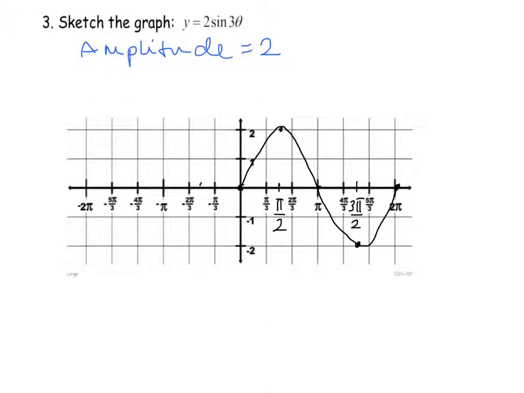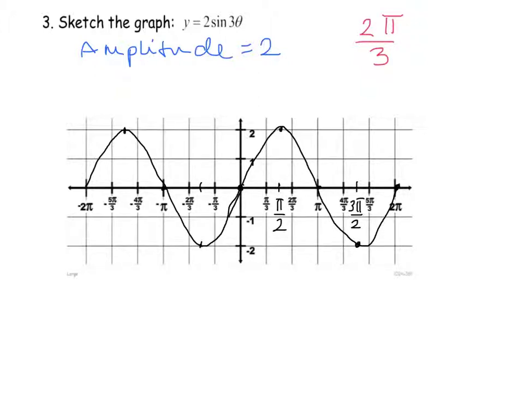So now I'm going to continue to the left-hand side also, and finish the graph. And now I need to shrink the graph horizontally. So that means I have 2 pi over 3 for one period.